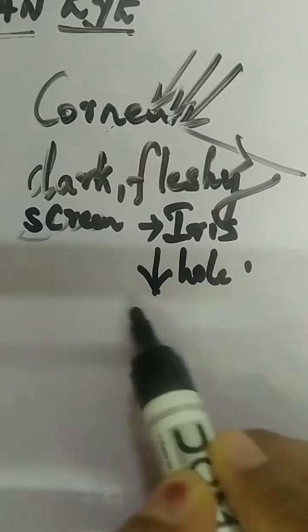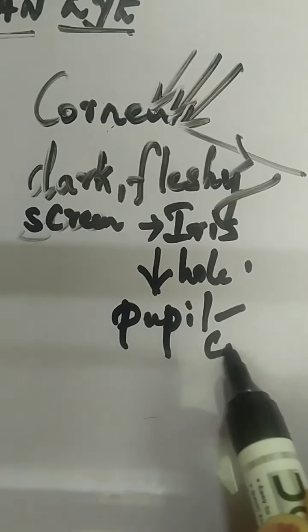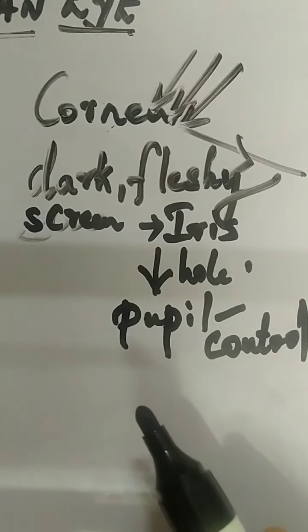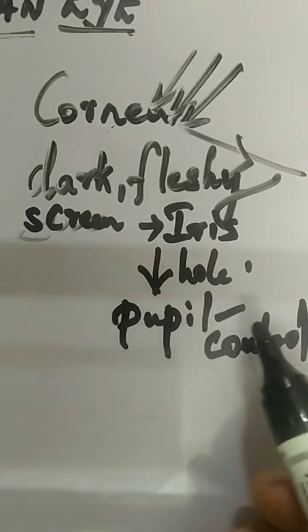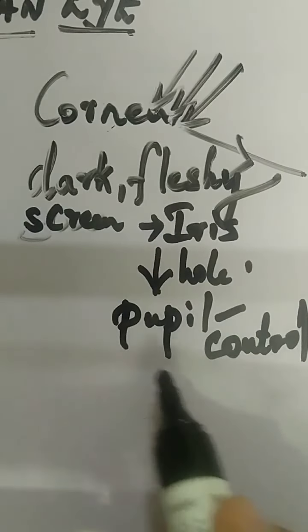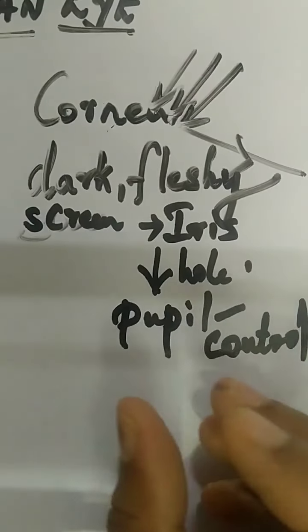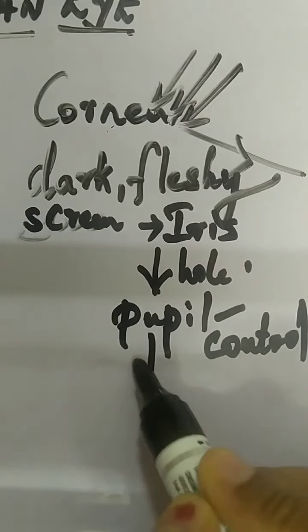Then behind the iris you have a small hole called the pupil. Pupil controls the amount of light which is incident in our human eye. If the light is too bright, the pupil will contract. Okay, if the light is very dim, it will widen. The pupil will be a nice circular shape, otherwise it will contract. Now behind the iris is the most important.